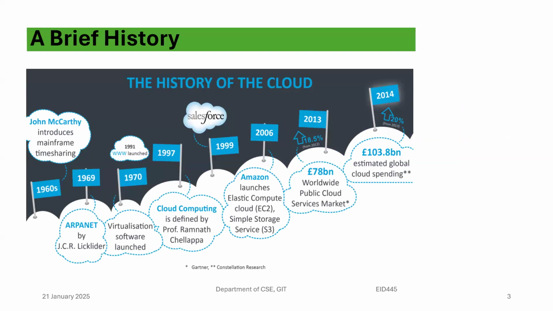Then Amazon launched Elastic Compute Cloud in 2006, then worldwide public cloud services in 2013, and in 2014 we also saw estimated global cloud spending. So people got more exposure, and in recent days almost everyone shows an affinity to use cloud services. This is something about the history.